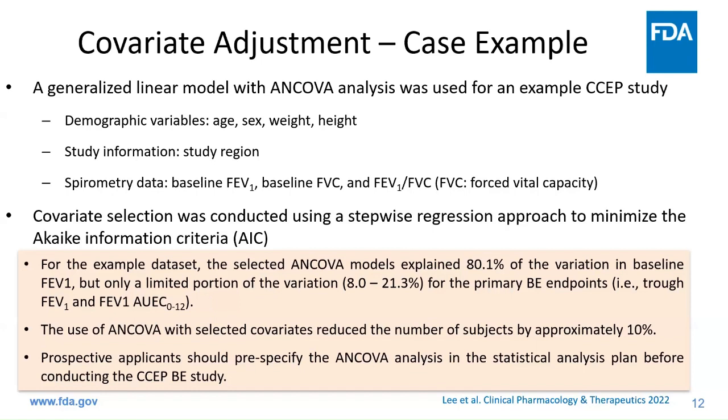That being said, if you would have to recruit 1,000 subjects, now it can be reduced to 900 subjects. For this method, the prospective applicant should pre-specify the ANCOVA models with prior knowledge of which covariates can be potential ones in their statistical analysis plan before conducting the comparative clinical endpoint BE study.